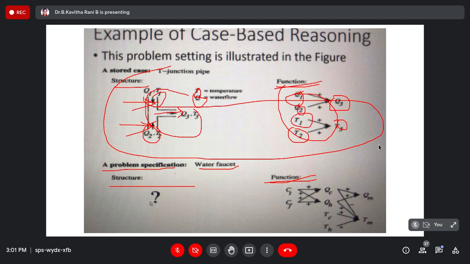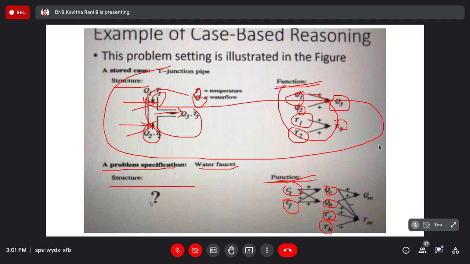If you see here, CT and CF. T is temperature and F is your water flow. It should result in QC, meaning cold, and QH, meaning hot, temperature cold, temperature hot.